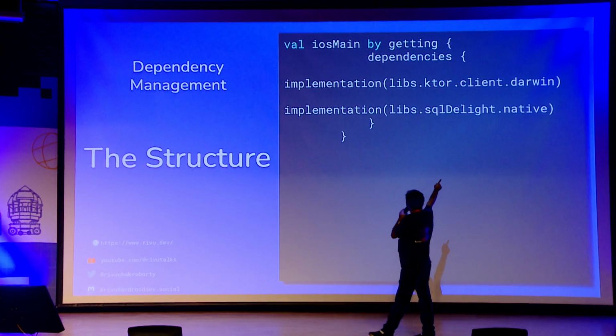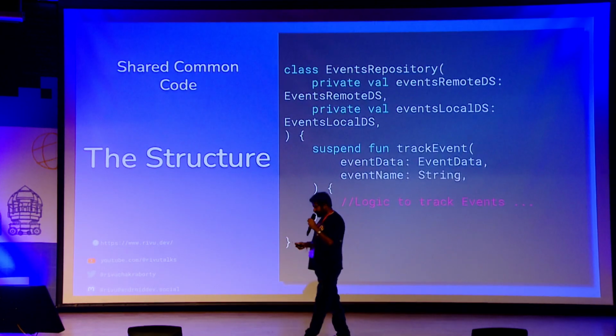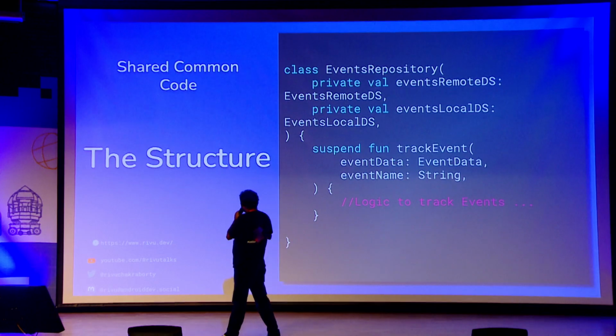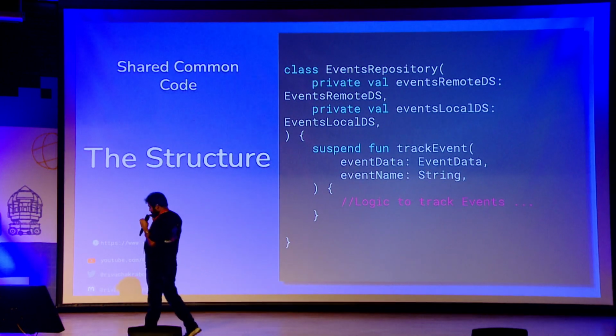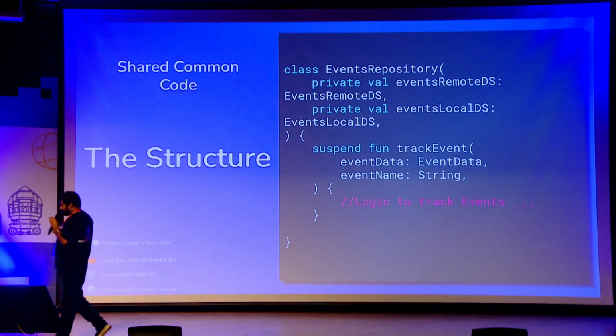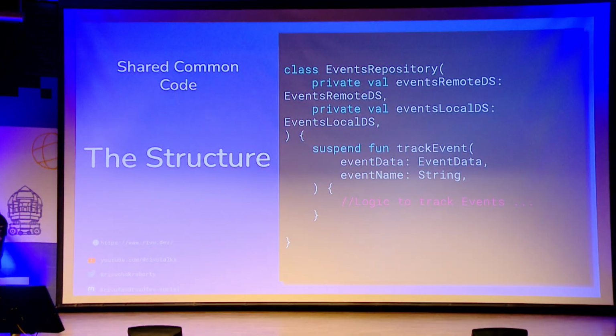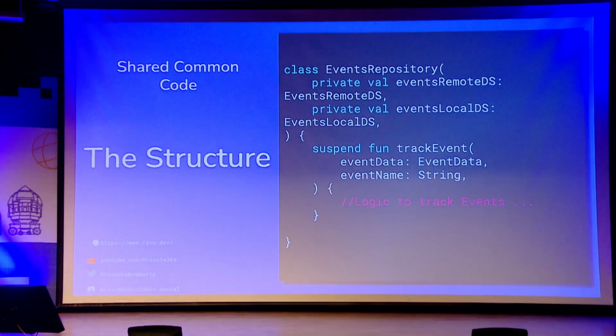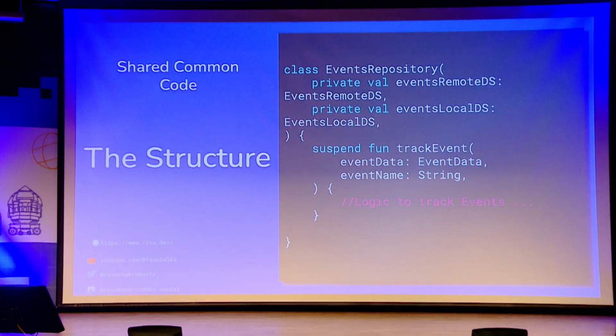In iosMain, I am using Darwin. And this is the shared common code, right? So the code you want to share, you can write it in commonMain, and you can write your implementation there. And then the code you want to have platform specific, you can either use expect actual, or you can just go ahead and write your platform-specific code directly in iosMain, jsMain, or androidMain, right?